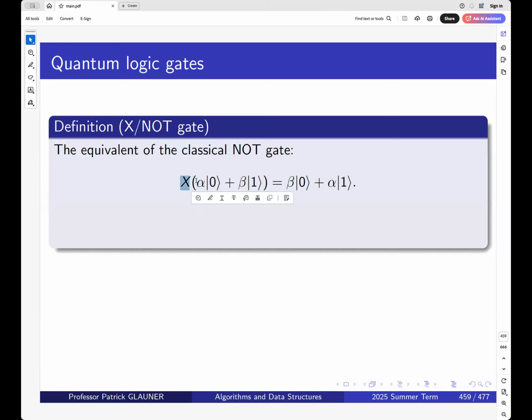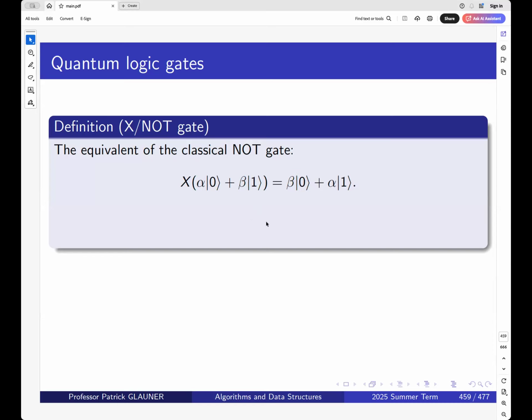So X could be seen as a function, and we apply this to our qubit. And what it does is it flips alpha and beta. So the alpha, that was the complex probability amplitude for |0⟩, becomes this for |1⟩. And so beta, which was the complex probability amplitude for the |1⟩, becomes the one for |0⟩.